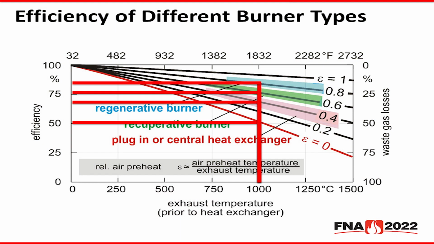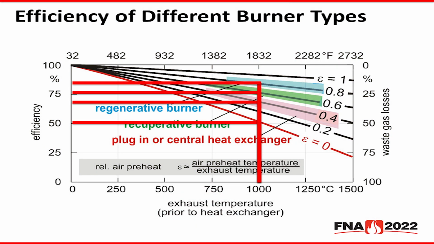Moving up a step further, the line labeled 0.6 represents what we call a self-recuperative burner, which I'll talk about in more detail momentarily. A more efficient method of combustion air preheating, now we're seeing preheats in the 60 to 65% range. So that means at 1,000 Celsius, we're looking at efficiencies of 70 to 75%.